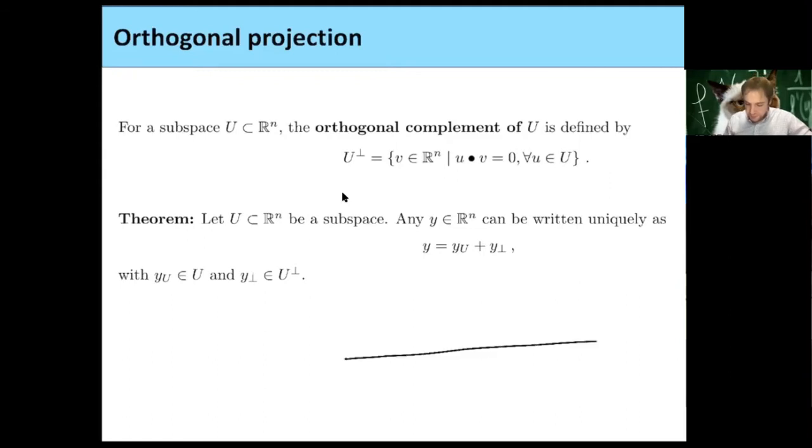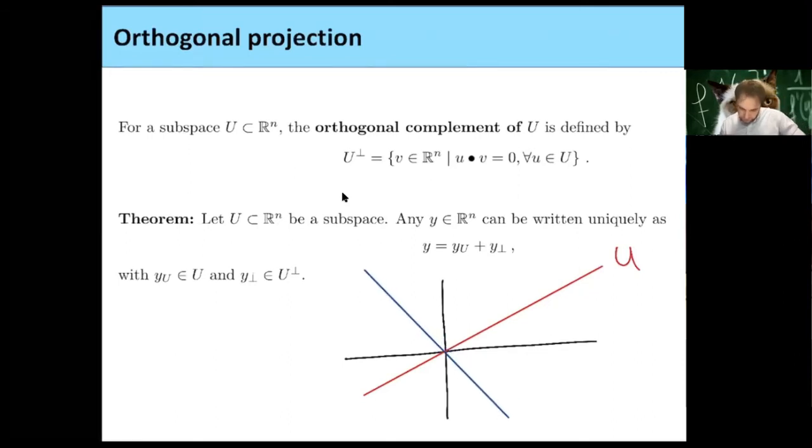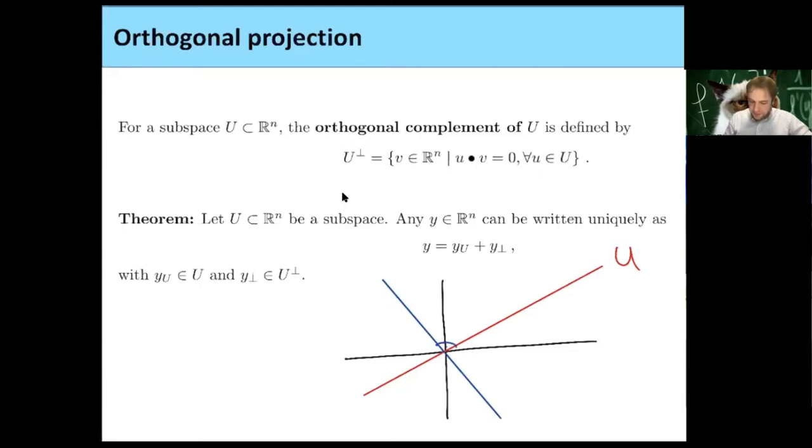So for example, in 2 dimensions, if I have some subspace U, then the orthogonal complement is maybe here. So let's assume this is 90 degrees, then this is the orthogonal complement.